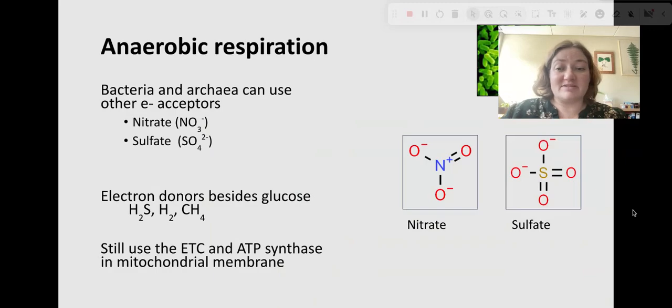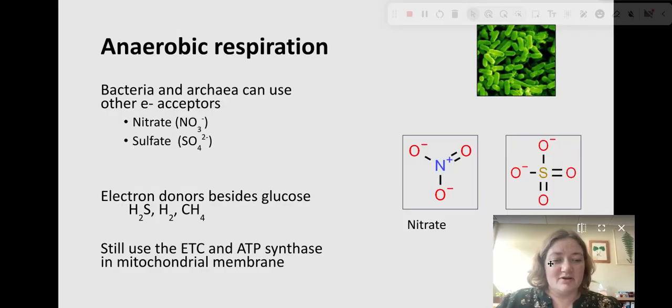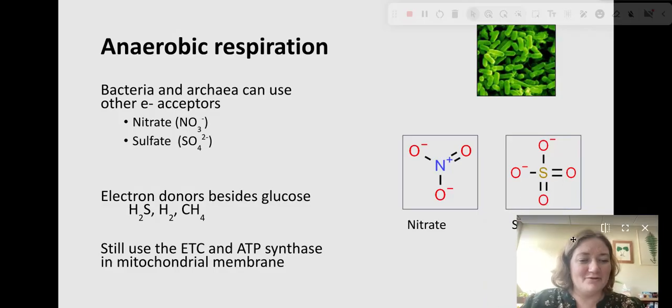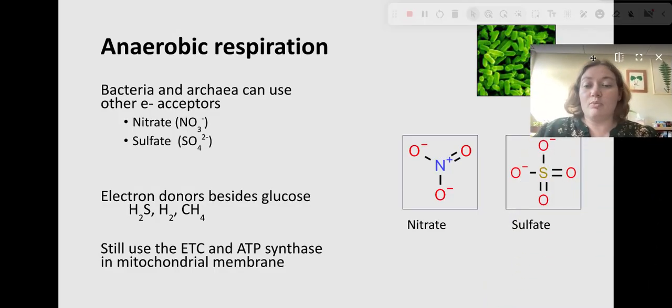Now, anaerobic respiration is really similar, but we're not using oxygen, right? Anaerobic respiration is typically going to be organisms like bacteria and archaea. They're going to go through the same process: glycolysis, breakdown of pyruvate, the citric acid cycle. They're also going to go through oxidative phosphorylation.